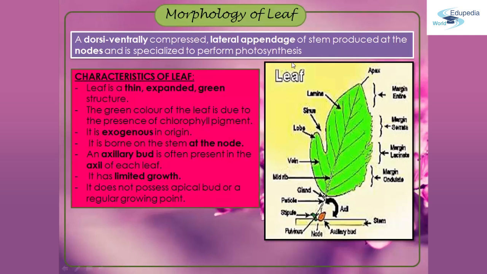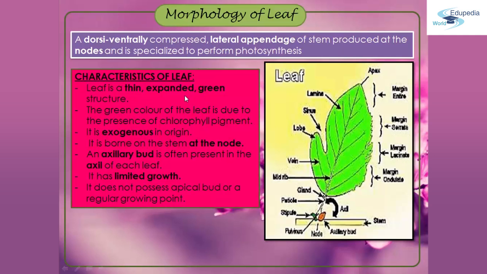Why does it perform photosynthesis? That's because it has chlorophyll pigment, and through that it makes its own food by the process known as photosynthesis.